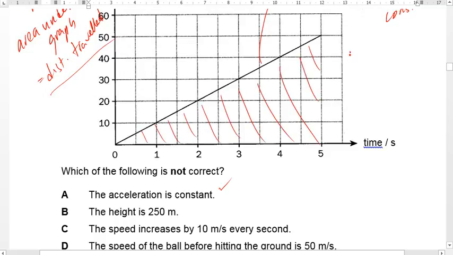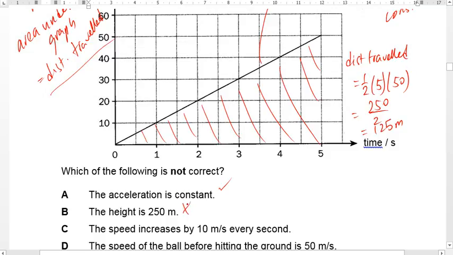Area of triangle: distance traveled equals half times base times height, 50. So this is 250 over 2, 125 meters. Oh, so this is wrong. The height was actually 125. Okay, so answer is B.